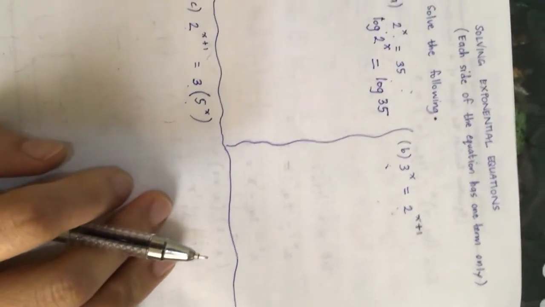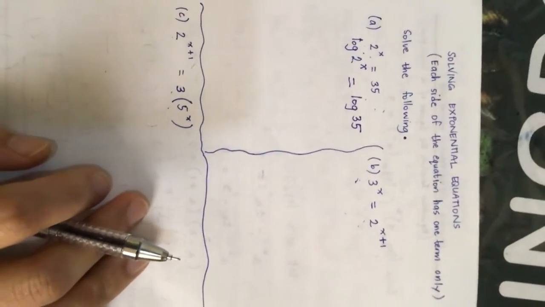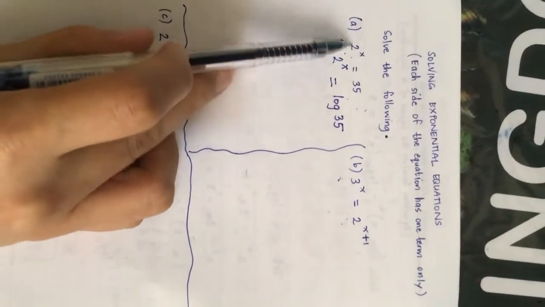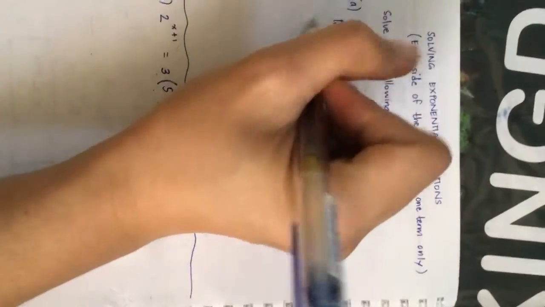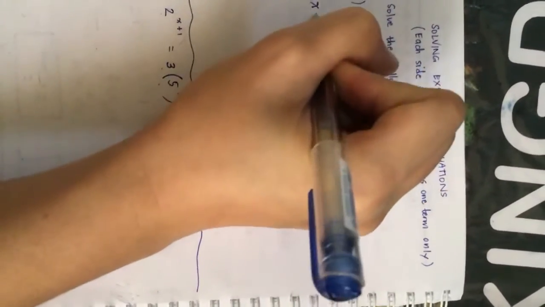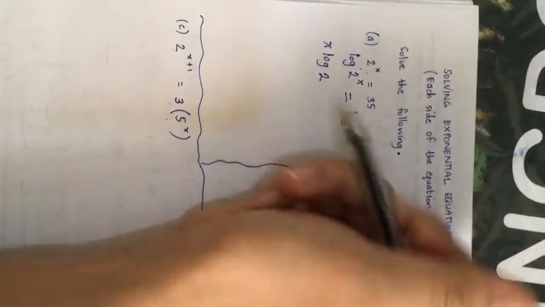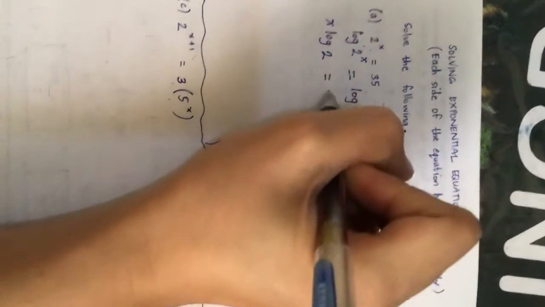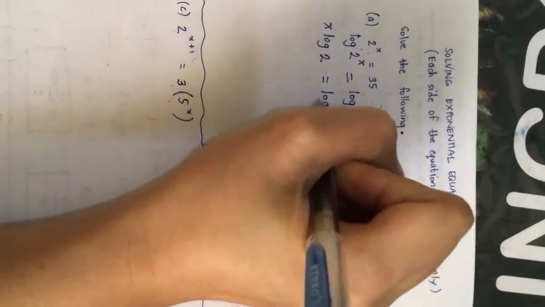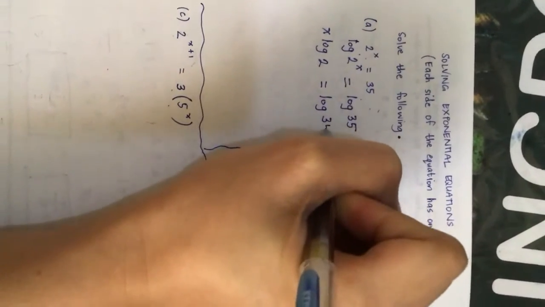There. Now both sides are expressed as logarithms of base 10. Then, the left side can be simplified as x times the logarithm of 2 to the base 10. Power law. Equals the logarithm of 35 to the base 10.